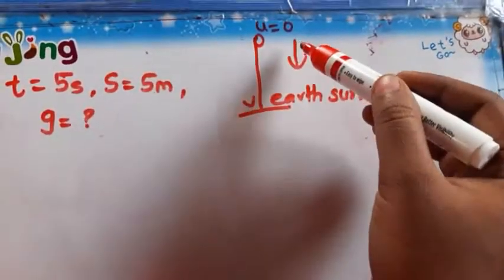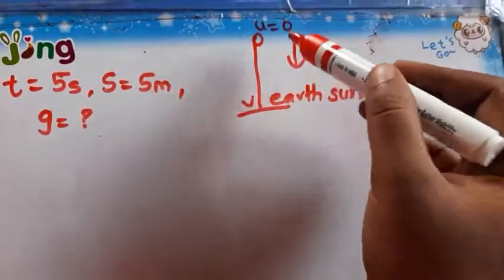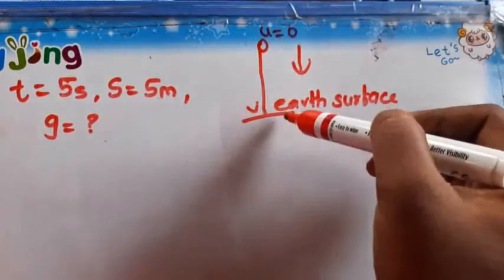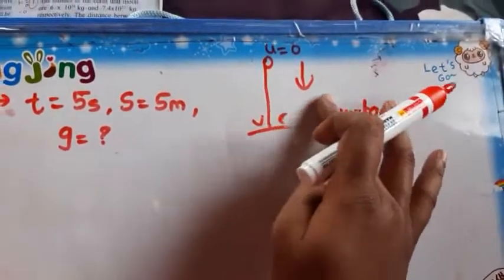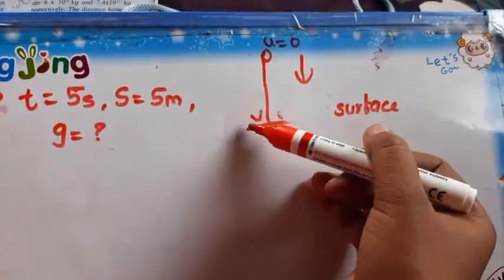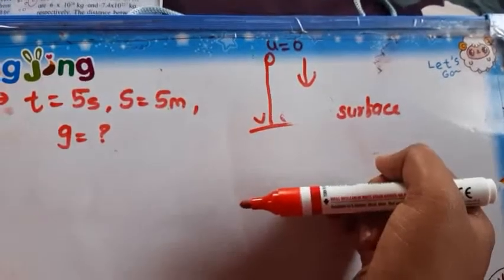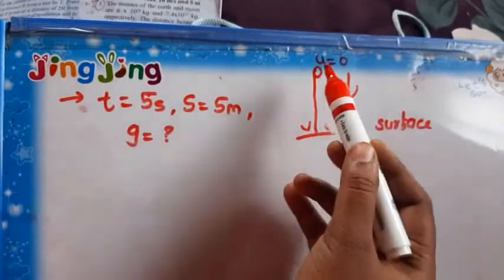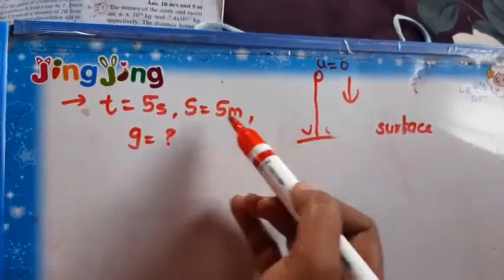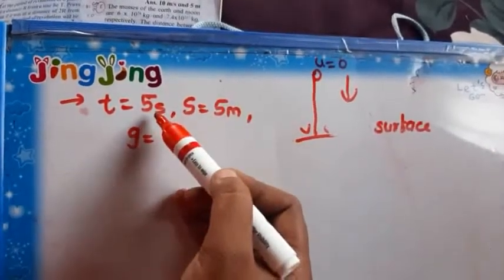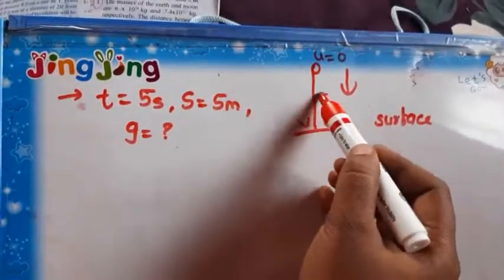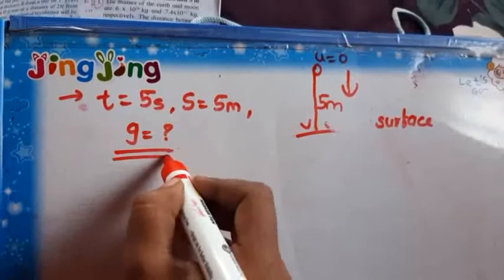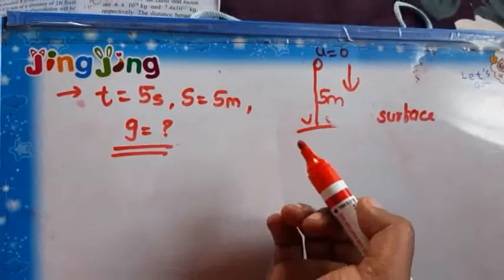When the object is falling downward, its initial velocity will be 0. And when it reaches Earth's surface or any planet surface, it has some final velocity. Time period to reach the surface is 5 seconds and this height is 5 meters. Now what do they want? Acceleration due to gravity on that planet.